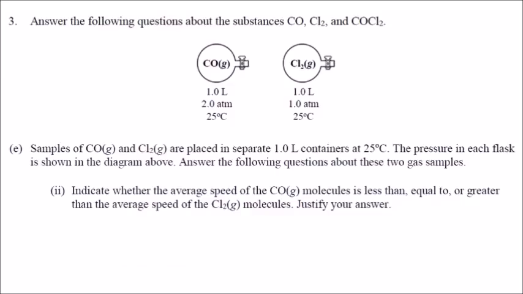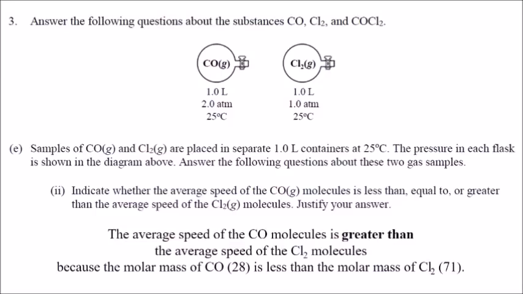It's a different story here because now we are looking at the molar mass of each gas, and they are different. Because the average speed of the CO molecules is based on mass, it's going to be greater than the average speed of the chlorine molecules. The molar mass of carbon monoxide is 28, whereas the molar mass of chlorine is 71, so lighter particles travel faster on average than heavier particles.